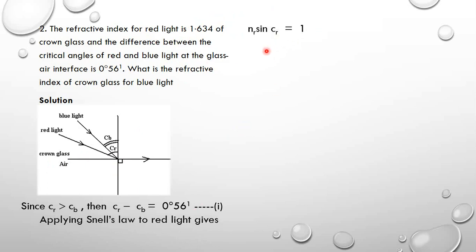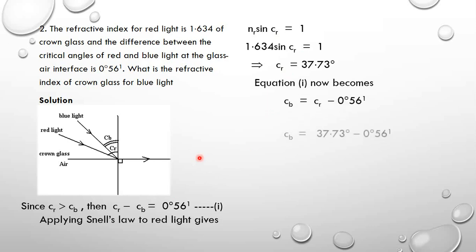Then substitute for N_R, then we get C_R. So C_R is going to be 37.73 degrees. Then we are going to substitute for C_R in equation 1 and then get C_B, which is going to be 36.8 degrees.